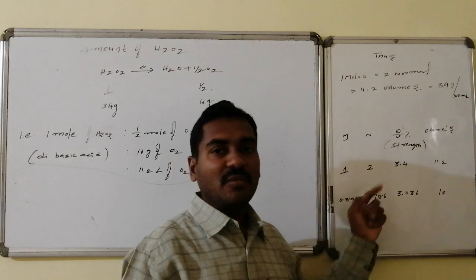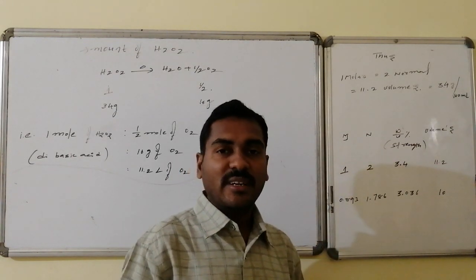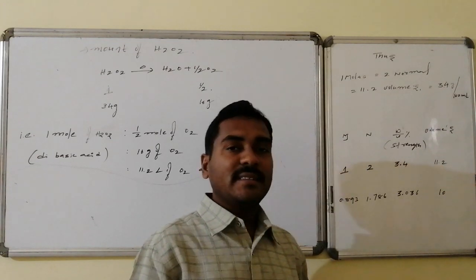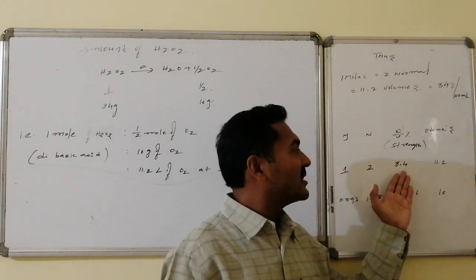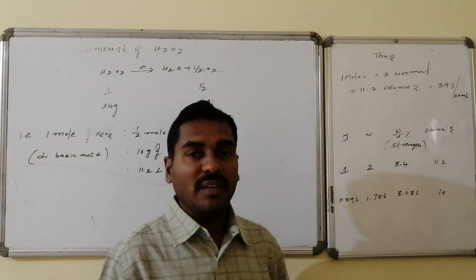1 molar, which is equal to 2 normal, consists of 34 grams in 1000 ml, and indirectly it is 3.4 grams in 100 ml, which is known as strength, and this has a volume capacity of 11.2 volumes.